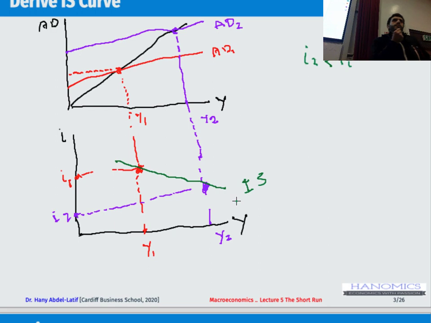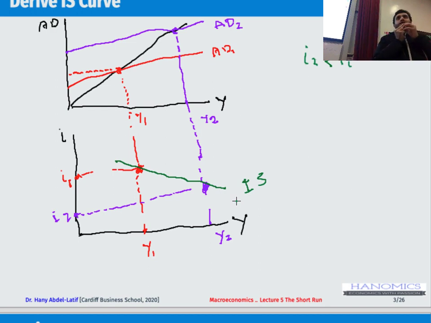Okay? So again, that green line is the IS curve. I know it doesn't look very beautiful, but it just gives you the idea. Okay? So how do we derive the IS curve?